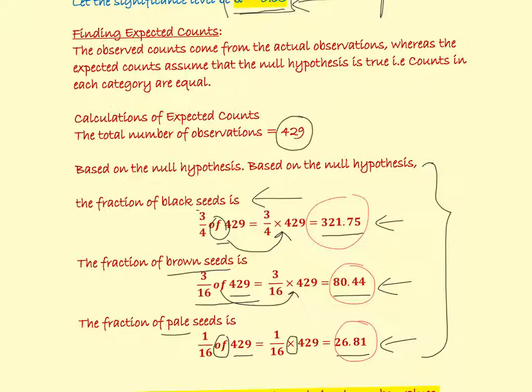So these are the expected counts. So given a ratio, this is exactly how you would figure out the expected counts that are not usually given in the question.